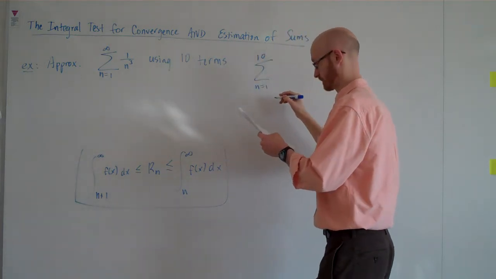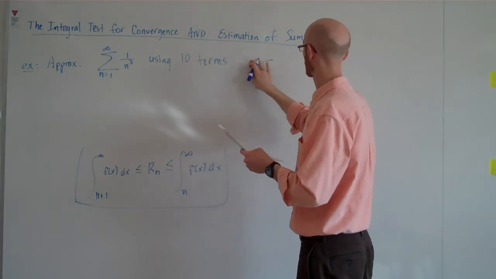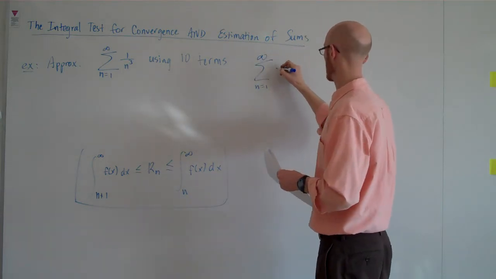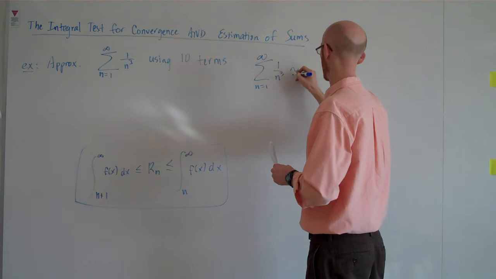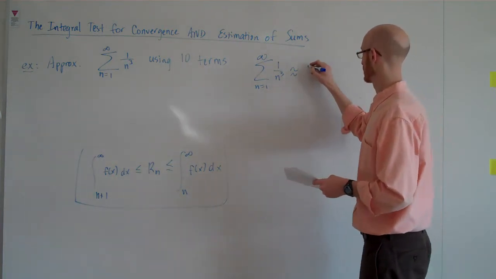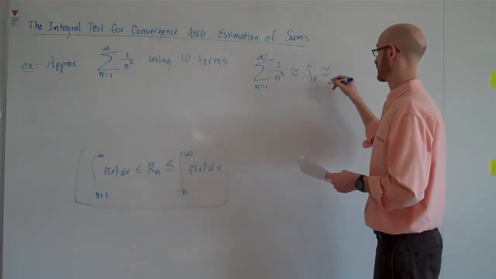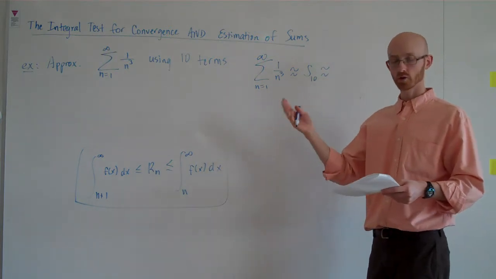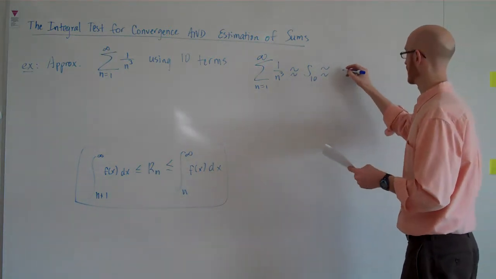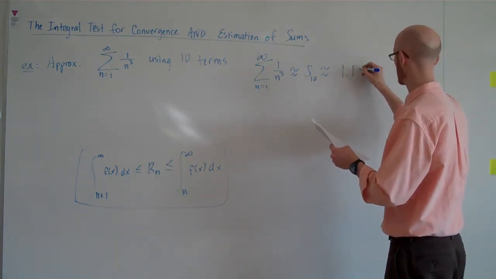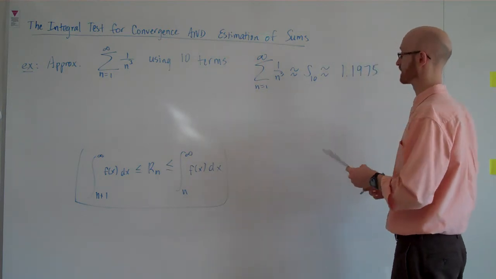What I'm going to do is say that that is close to S sub 10, which means 1 over 1 cubed, 1 over 2 cubed, 1 over 3 cubed, etc. And you should get approximately 1.1975.